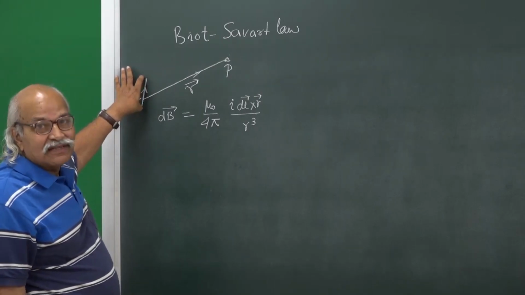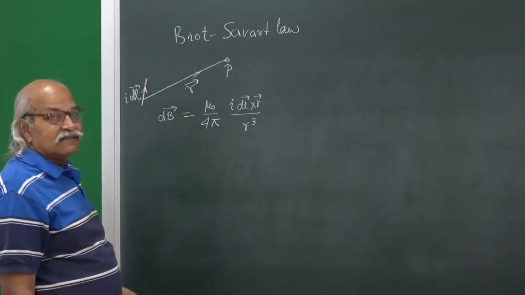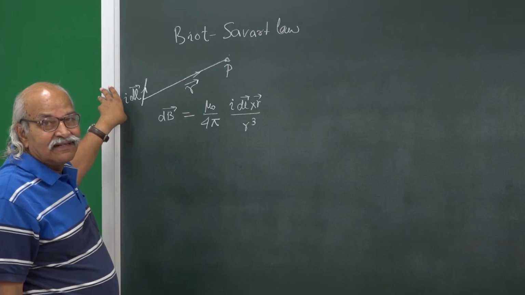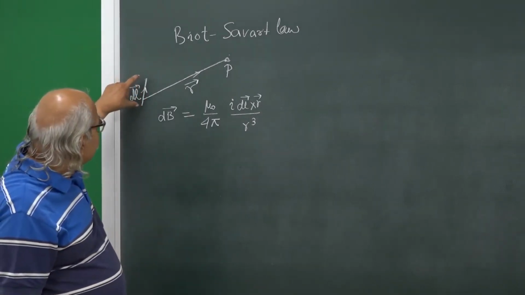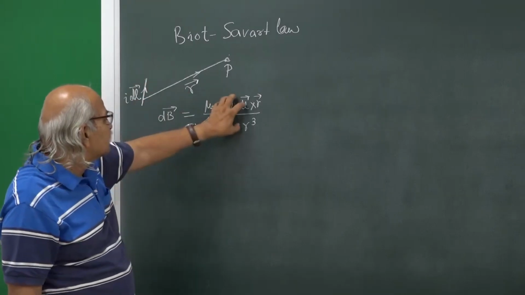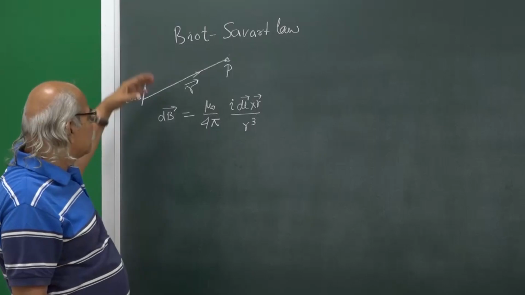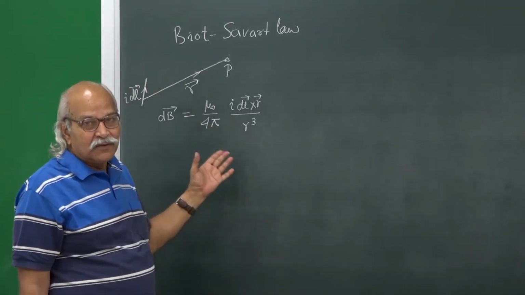It cannot be. The current cannot just keep going from here to here and nothing else in the world. It is part of a circuit. Current is always in a circuit. So, it is part of the circuit, and from this part this much is the magnetic field. The field here due to the entire circuit is to be obtained by properly integrating this equation.